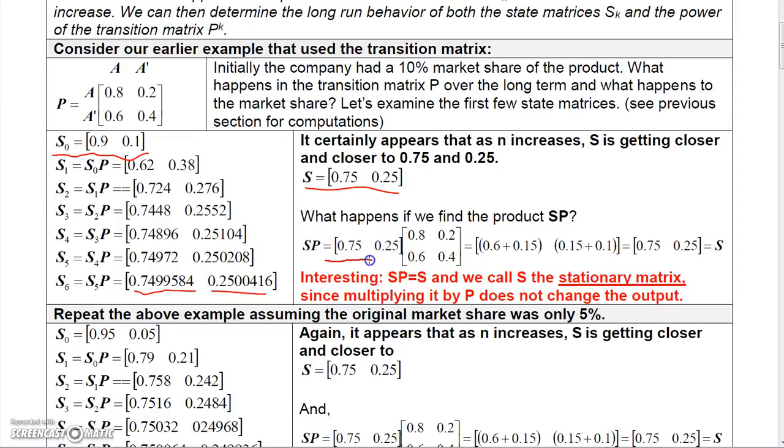Well, notice that when we multiply it by that transition matrix, we actually get that state matrix S. So it's interesting here that SP actually equals S. And we call S the stationary matrix, since multiplying it by P does not change the output.